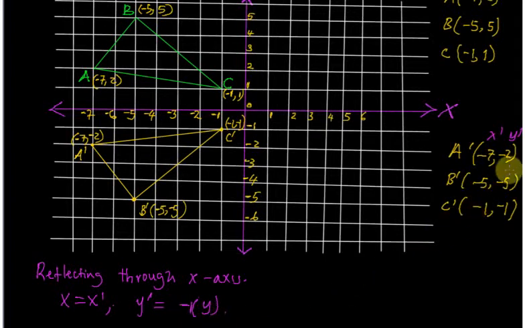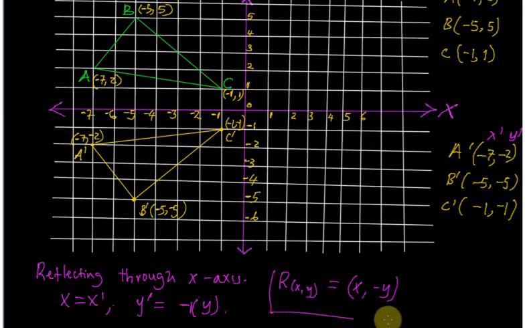So that's why we have this. It is a very important formula. The reflection of (x, y) through the x-axis will be given by (x, -y). So whatever you are given in y, you just make it negative, and then you have that point of reflection.